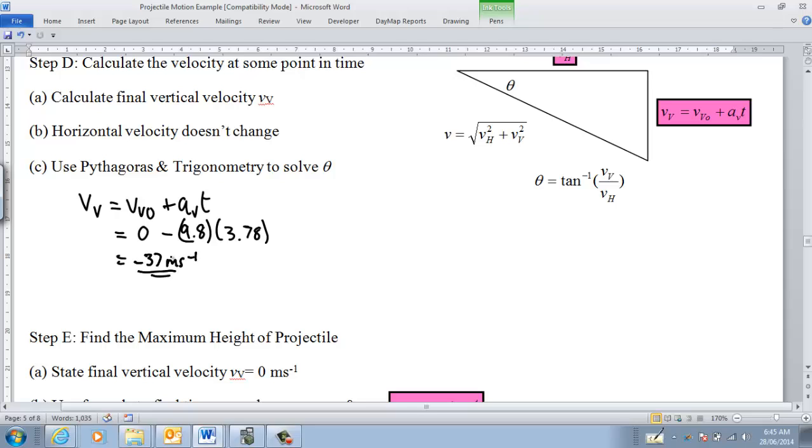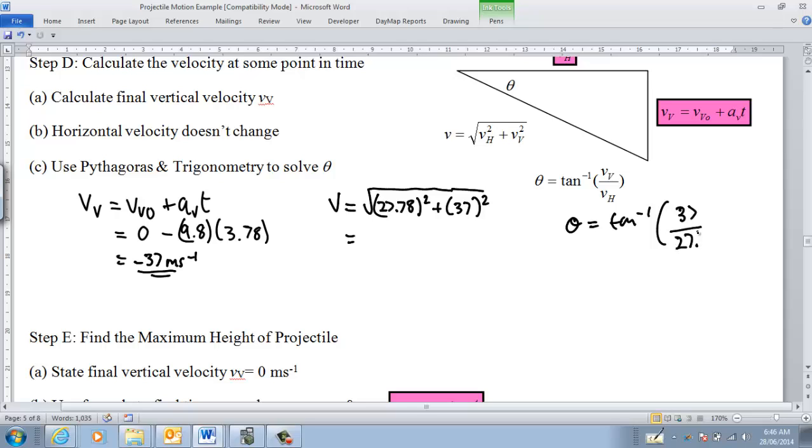Again, we can work out our velocity from the horizontal velocity, 27.78 squared plus 37 squared. That will give us our velocity. Our angle is going to be equal to inverse tan of the vertical velocity, 37, divided by 27.78.